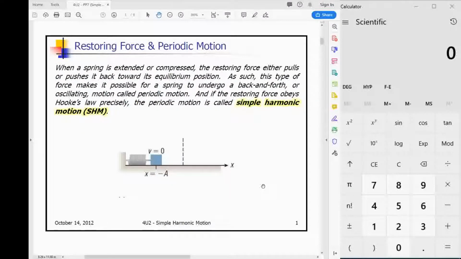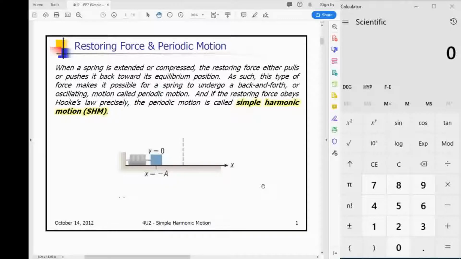So when we push a spring, either extend it or compress it, that restoring force pushes it back to its equilibrium position. Oftentimes, the object does not just stop at the equilibrium position.